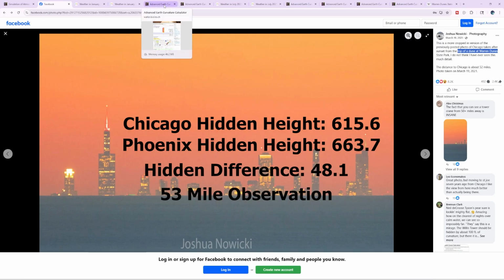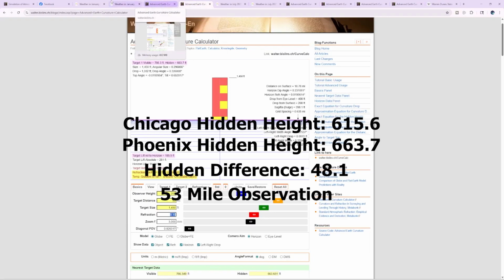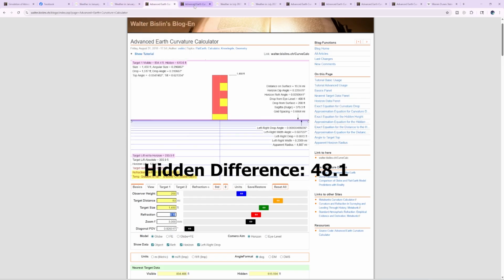So when we do the math for this absurdly long observation, and we use the difference in actual refraction versus standard refraction, we don't have that much of a difference with this absurdly long 53-mile observation. Like I said, it's a 48.1 foot difference.